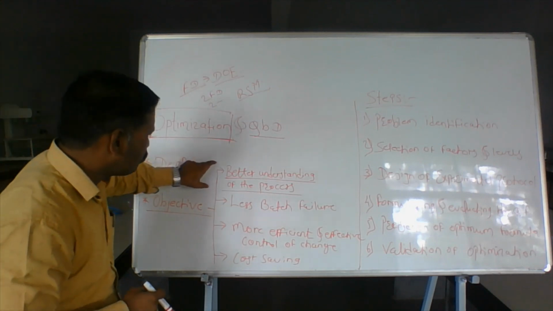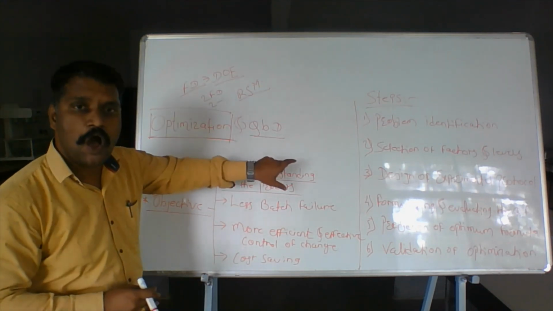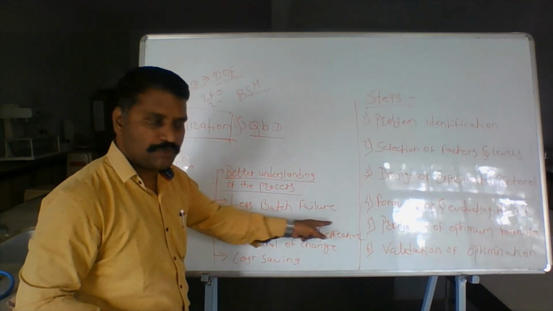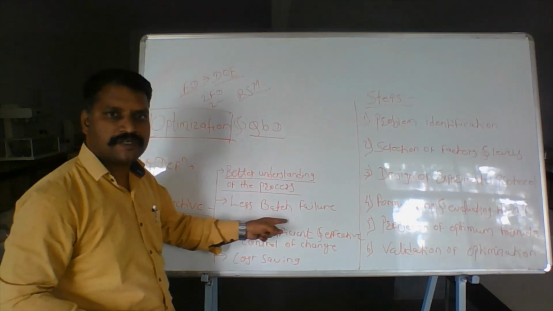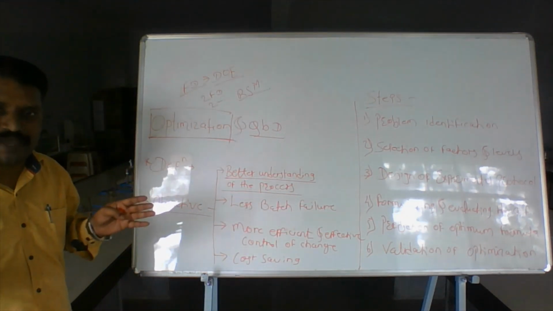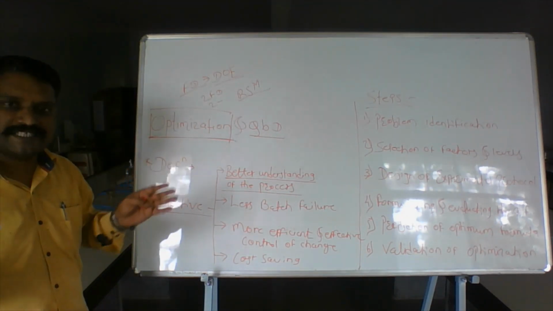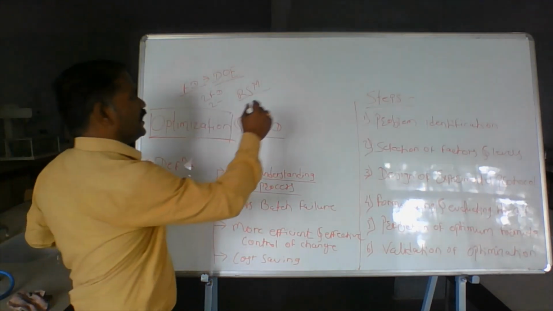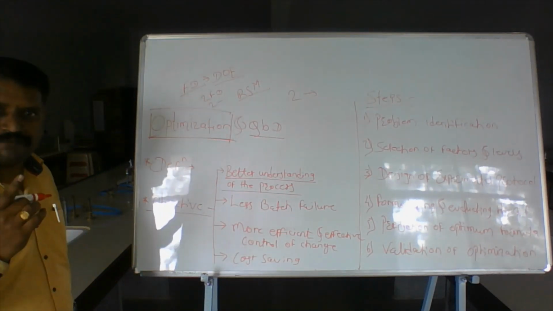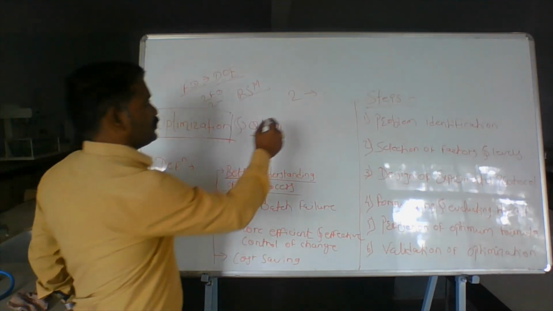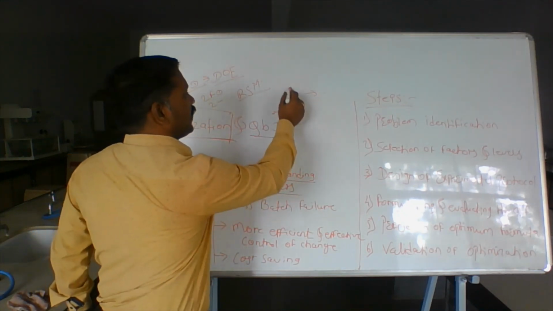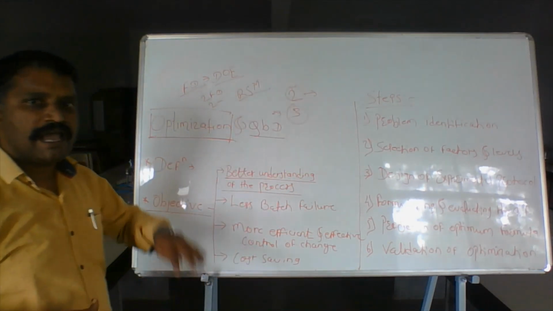So this is the first objective, better understanding of the process. Then, less batch failure. Here the pharmacist or scientist works in a particular design space. Suppose you are using a two-level factorial design, so each factor has two levels. Suppose you are considering three factors at two levels, low level and high level.